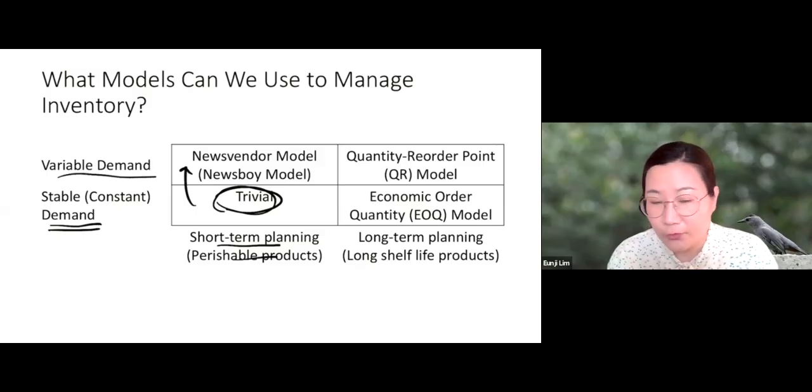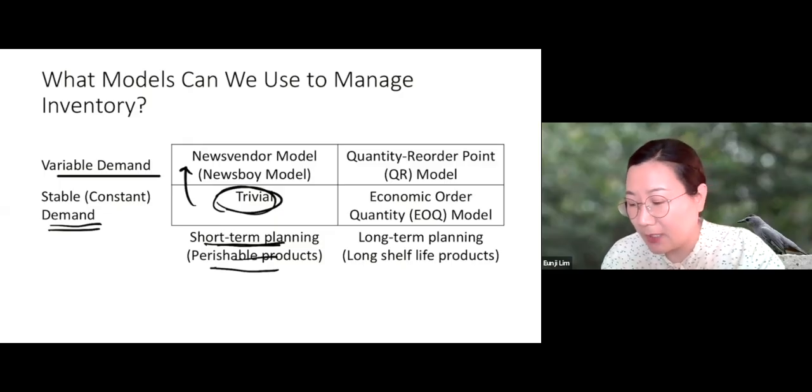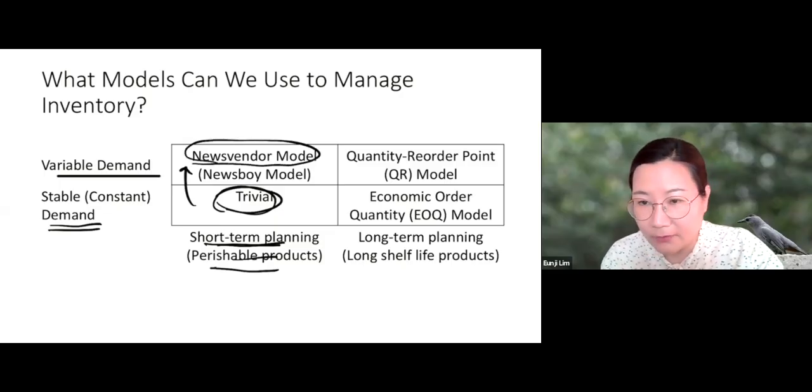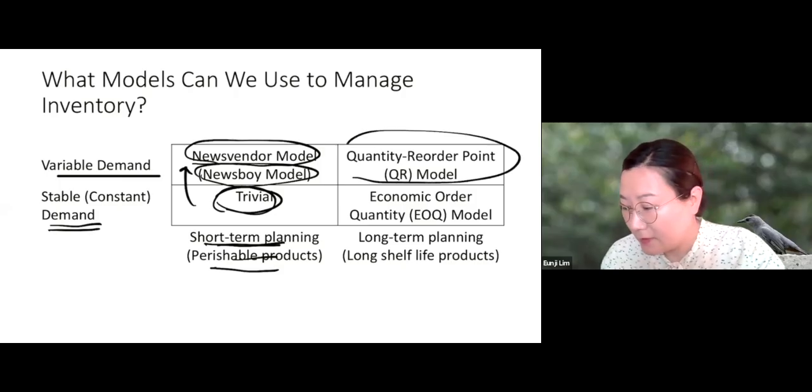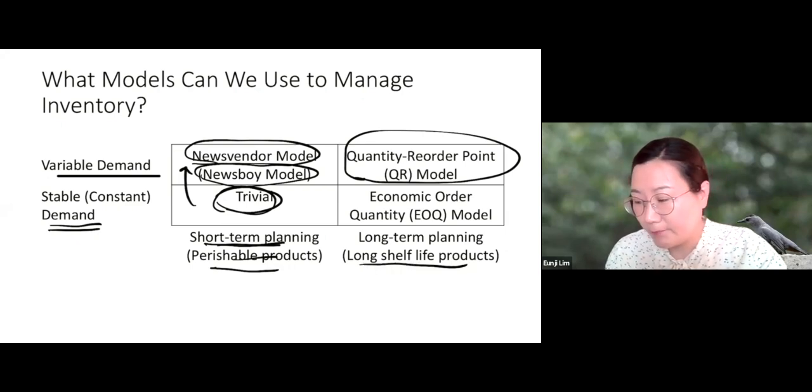Let's go to this case. This is a case where you have a variable demand and products with very short shelf life. We have a model called the Newsbender model, and this is also called the Newsboy model. Now let's look at this case. This is a case where demand is variable and we have a long shelf life.